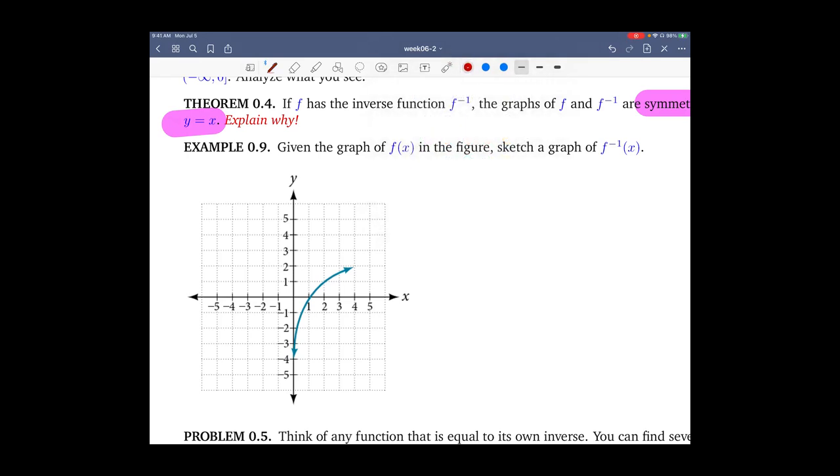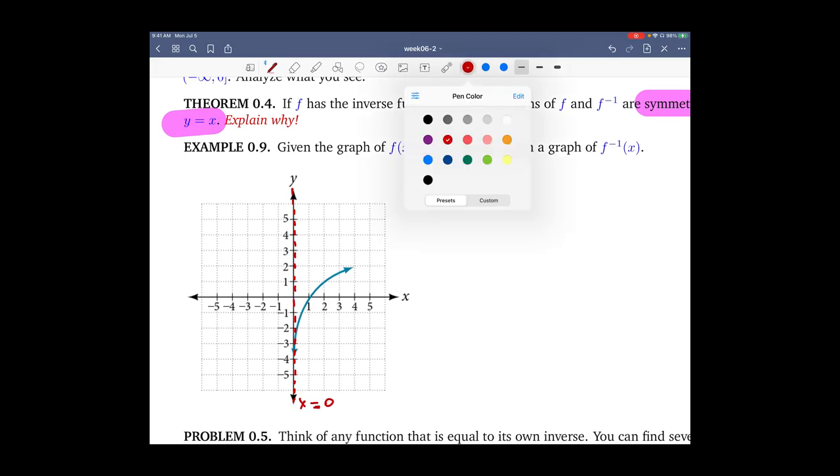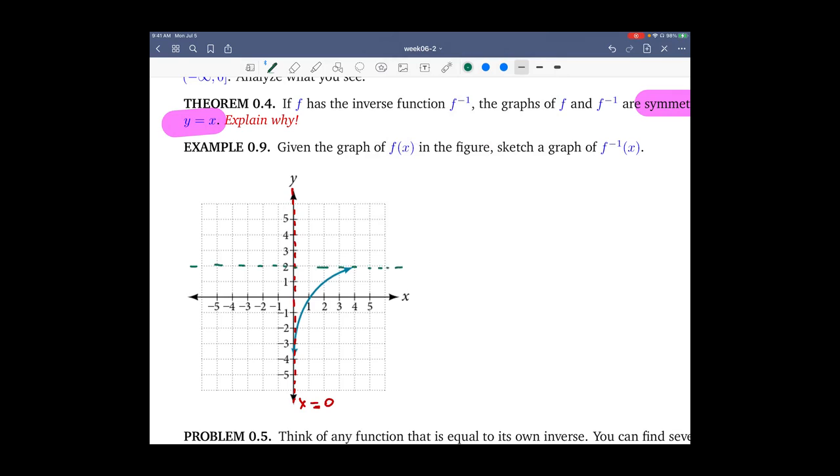Vertical asymptote x equals 0, and horizontal asymptote y equals 2. So when we reflect these two about the line y equals x, what do we get?